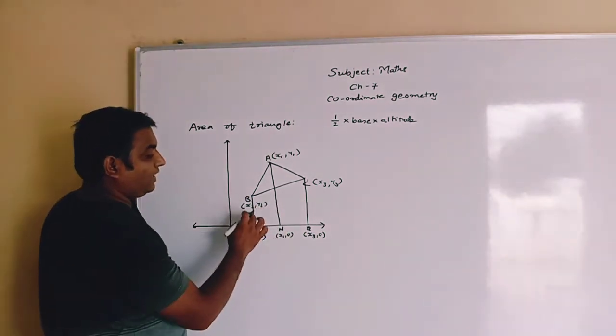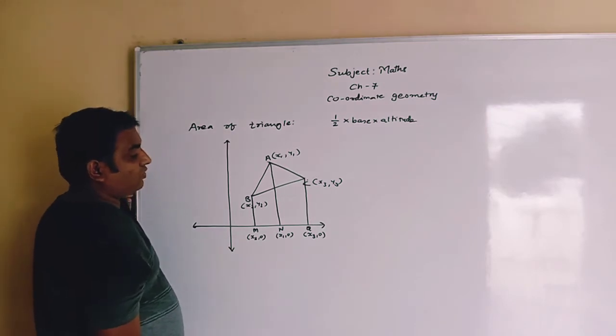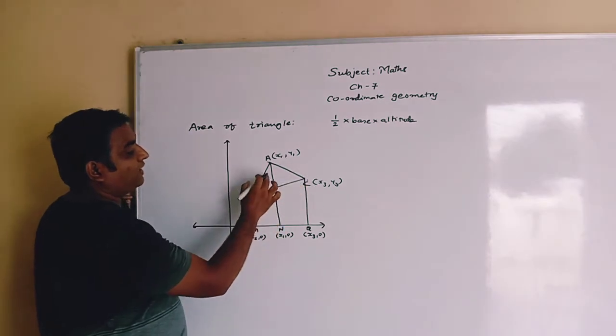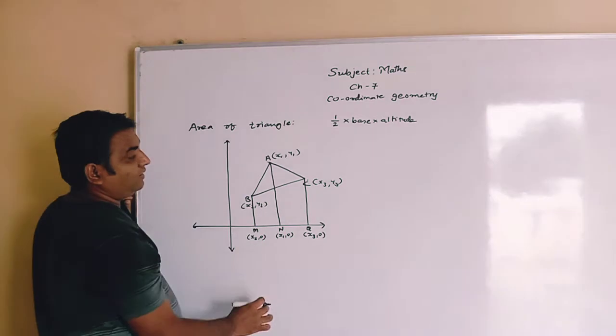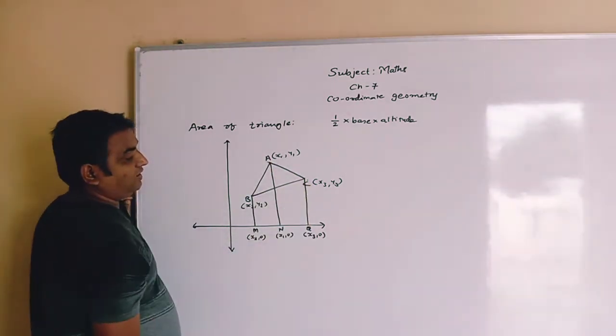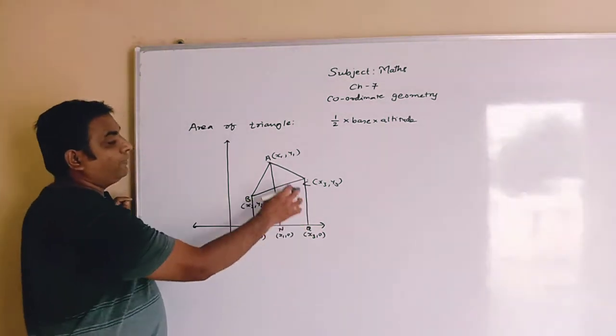And BM and QC are also parallel, so that is also a trapezium. So the area of triangle ABC equals the area of trapezium ANMB plus the area of trapezium ANQC minus the bottom trapezium BMQC.